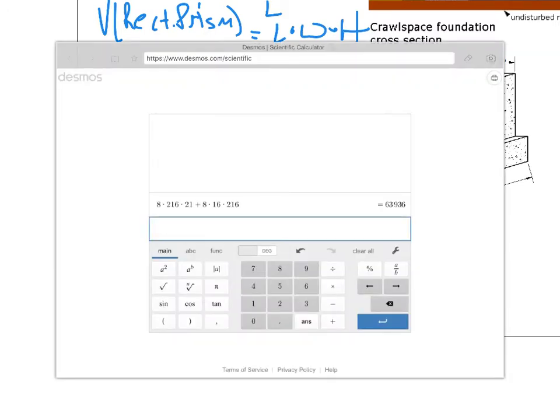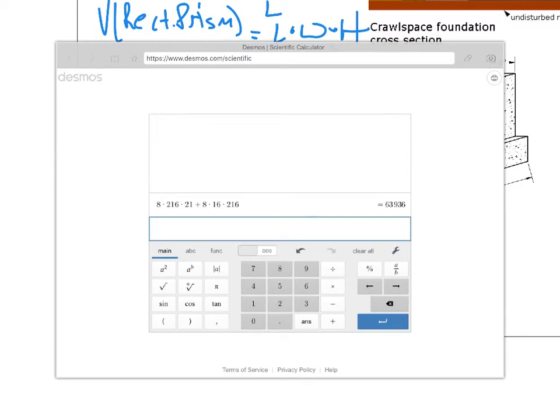So we want to just put that whole thing in the calculator all at once, okay? That is cubic inches, okay? So cubic inches, we've got to look at our conversion now in the back of the book. And so cubic inches in a foot is 1,728.